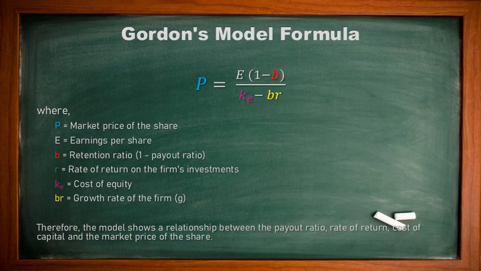Therefore, the model shows a relationship between the payout ratio, rate of return, cost of capital, and the market price of the share. So this is a combination of these four relationships.